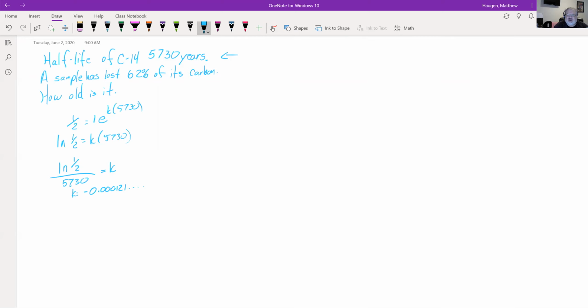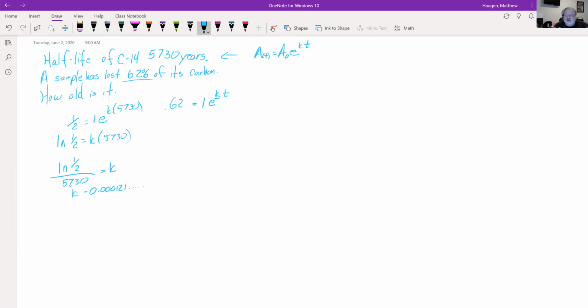Now, the trap here would be, okay, so now we start with our full amount and we decay at our known constant for some amount of time and end up with the 62. But that's not what it says, right? The big key is that our tool is about amounts: amount at time t, and amount that we start with.